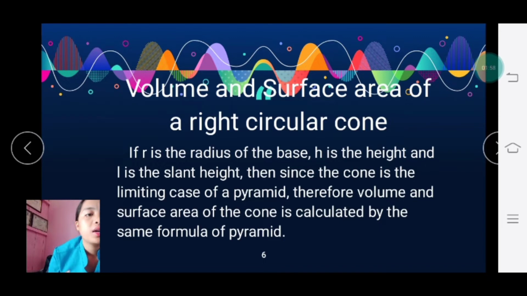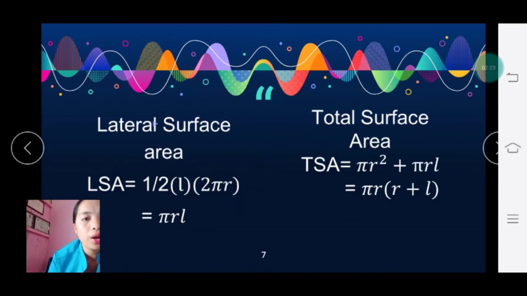Since the cone is the limiting case of a pyramid, parang magkapareho lang yung cone at ang pyramid. But always remember, class, that the area of a circle is pi r squared.